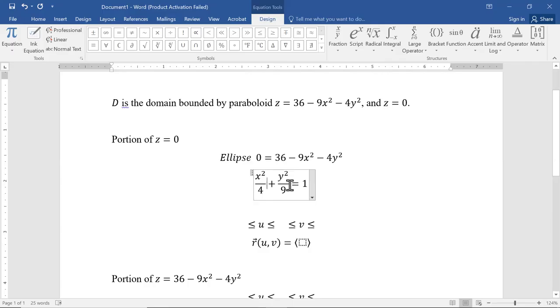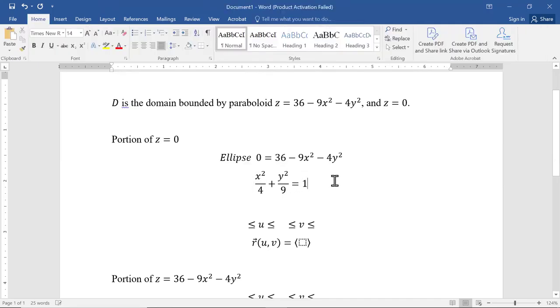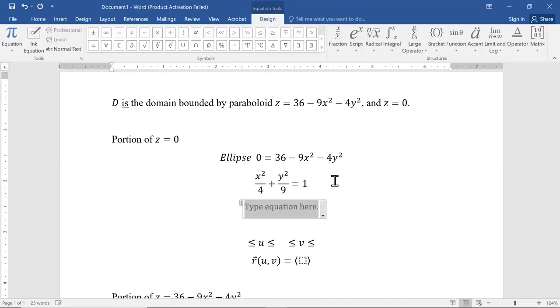So if we want to, we can start thinking of this in the same way we did before. If we wanted to get the boundary of this ellipse, we do x equals 2 cosine of, let's say, u, and y equals 3 times sine of u.